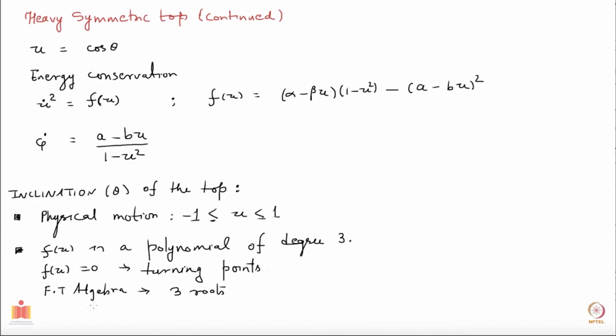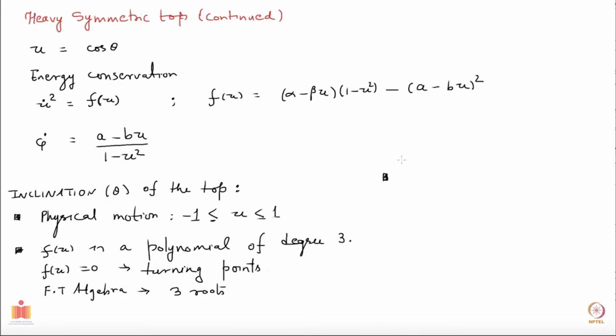So first thing we note is that maybe here, if you look at f of u and take u to be very large, then the cubic term will dominate, because that's the highest power you have, so it will be the leading term.